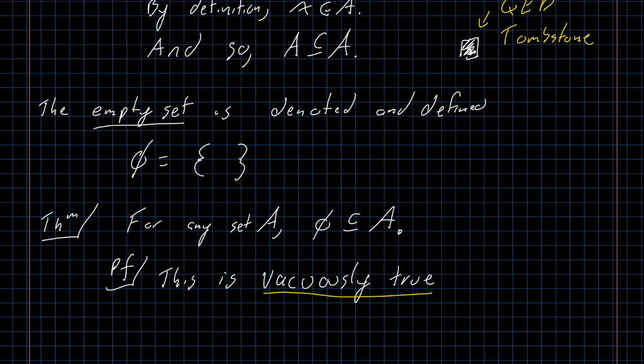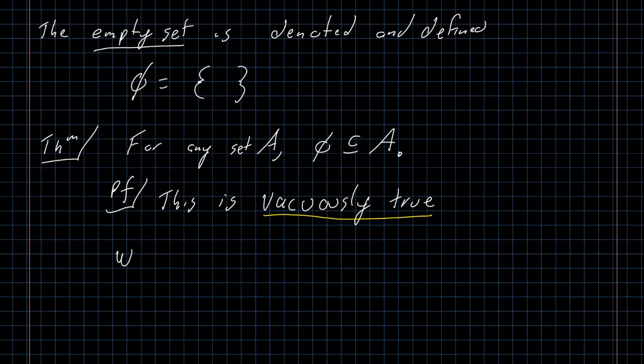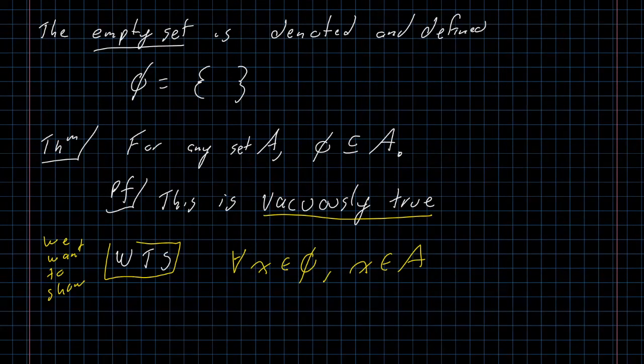By definition, for the empty set to be a subset of A, we want to show, all right, so we want to show WTS. And the definition said, for all elements of the subset, which in this case is the empty set, that thing is in set A.